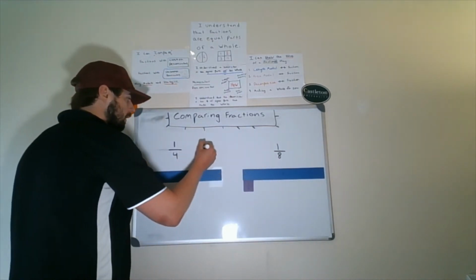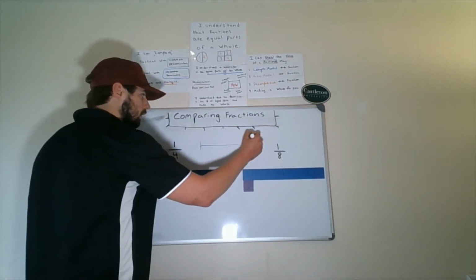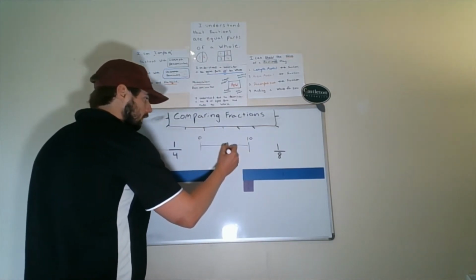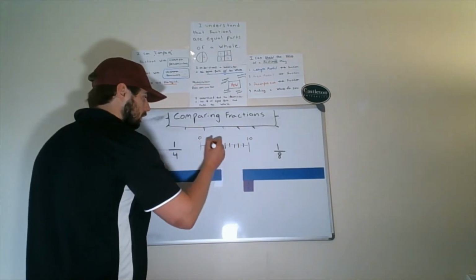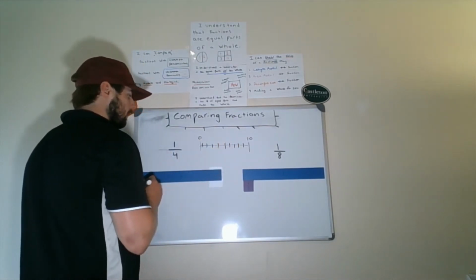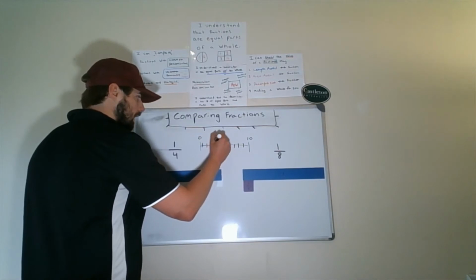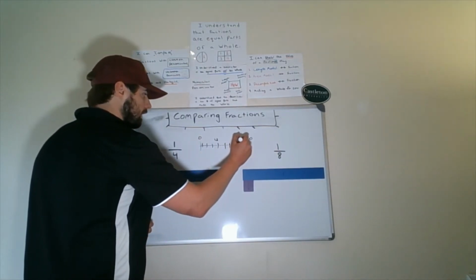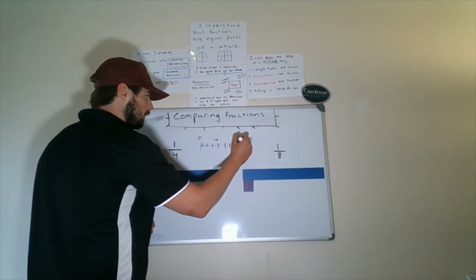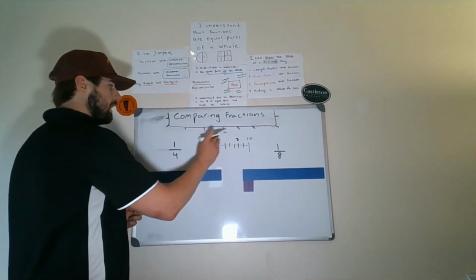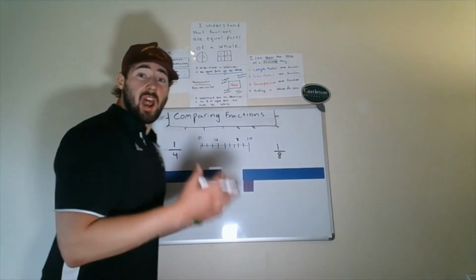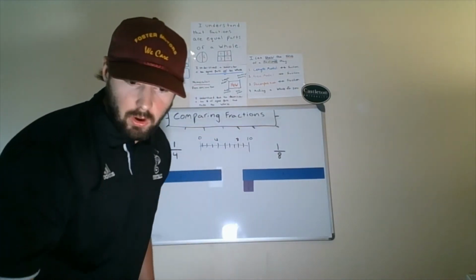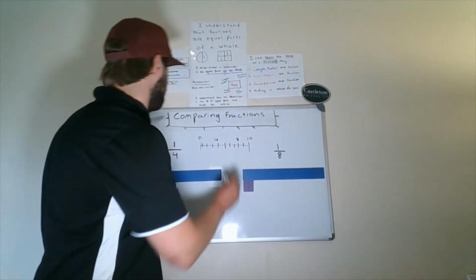On a number line, 4 is right here. 8 is right here. 8 is a bigger number than 4. But we're talking about parts that make the whole.